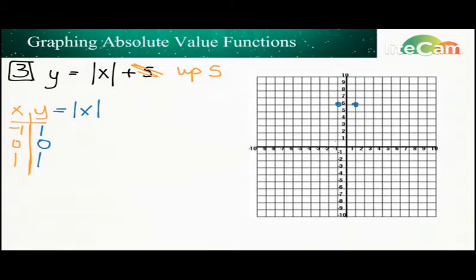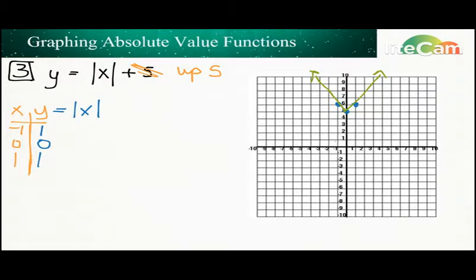And then at 0, 0, I'm going to move up 5. Okay, and that's actually my new function. So it's okay to shift as you're plotting the parent if you wish to do that. Okay, if the parent is not drawn on the graph, that is okay.